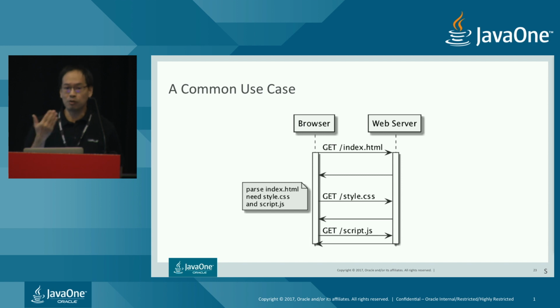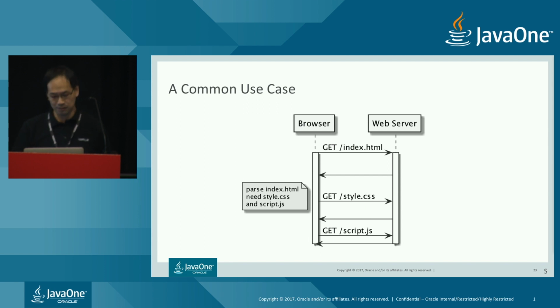They will first look inside the index.html to do a parsing, and then they will find out, oh, I need a style sheet, and I also need a JavaScript. So after they do this parsing, they will send another 2 HTTP requests called get style sheet, and then return, and then get JavaScript, and then return. Now, this is a very common classical use case. Let's take a look at how server push can improve the performance in the classical case.